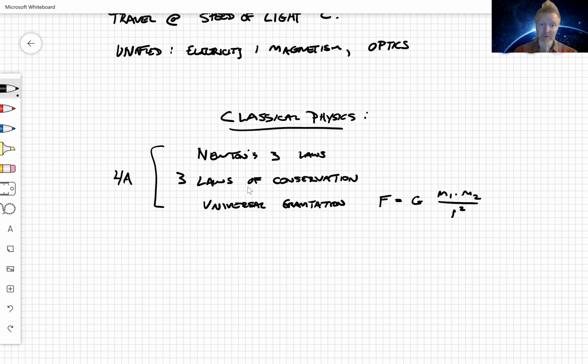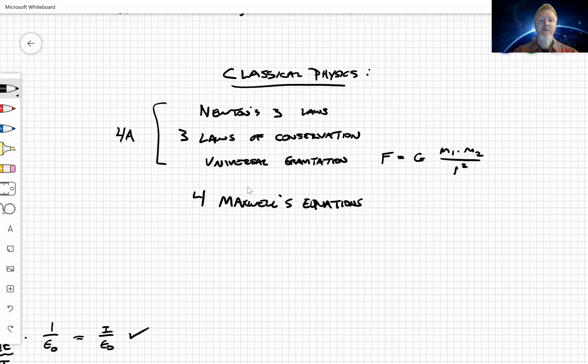All right, so now we have Maxwell's equations to add to that. Okay, there's 4 of those. We now have the 4 Maxwell equations.